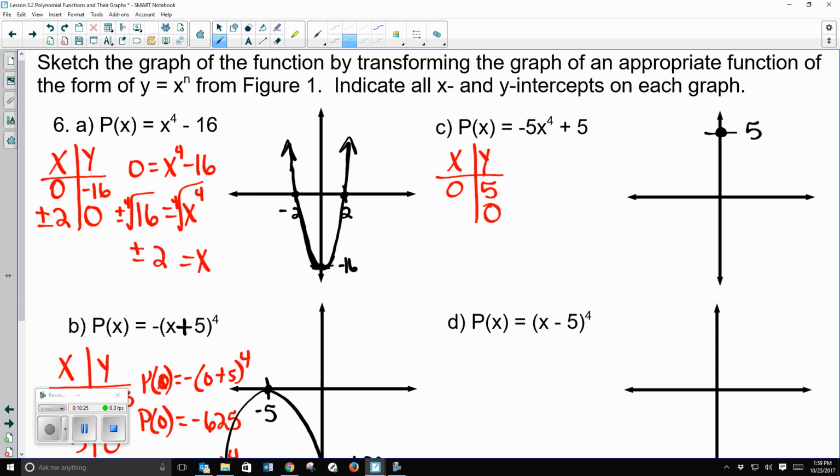Positive 5. I hope it's positive 5. If I put 0 in for y, or p of x, I messed up. If I take the fourth root of both sides, what does that do? It's plus or minus the fourth root of 1, which is plus or minus 1.